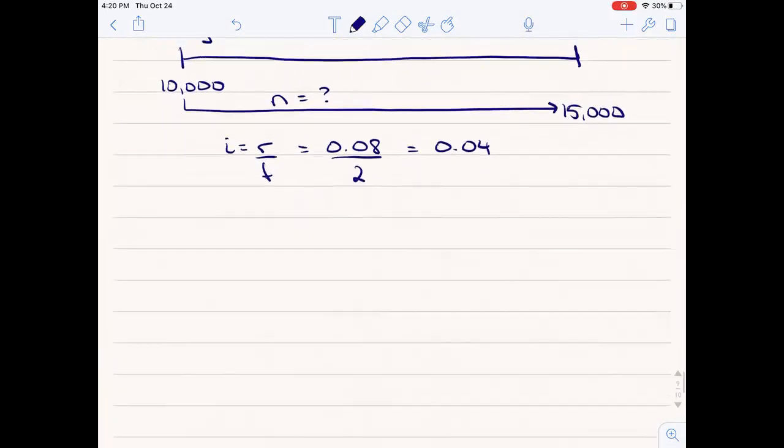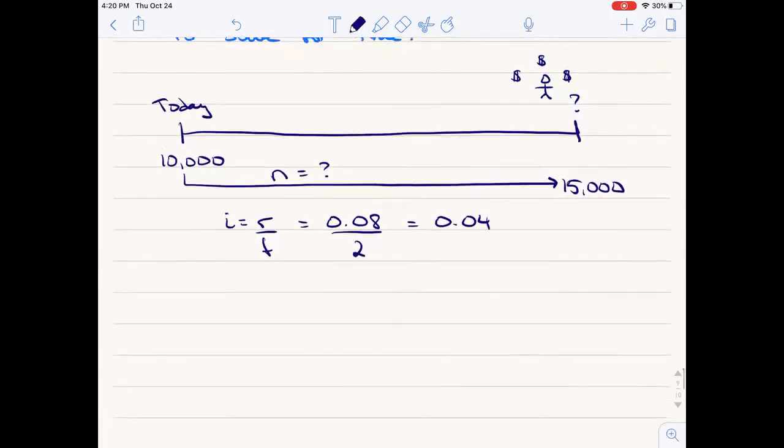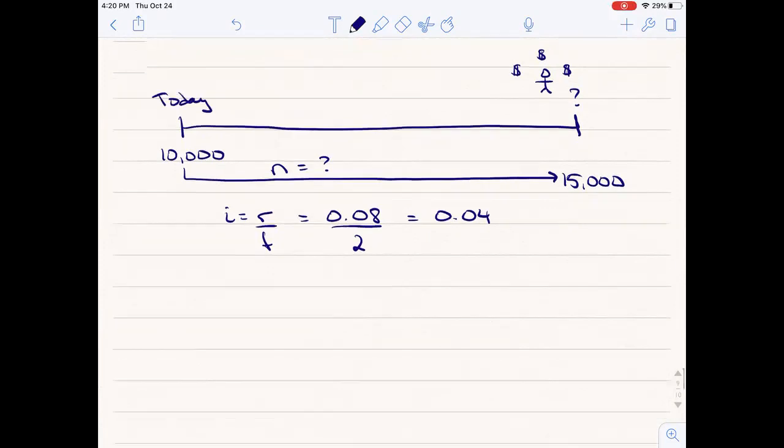So now our timeline's complete. There's no more information from the question. It's all mapped on here, and it's pretty clear that we have to solve for n, and then time, but let's get to work.